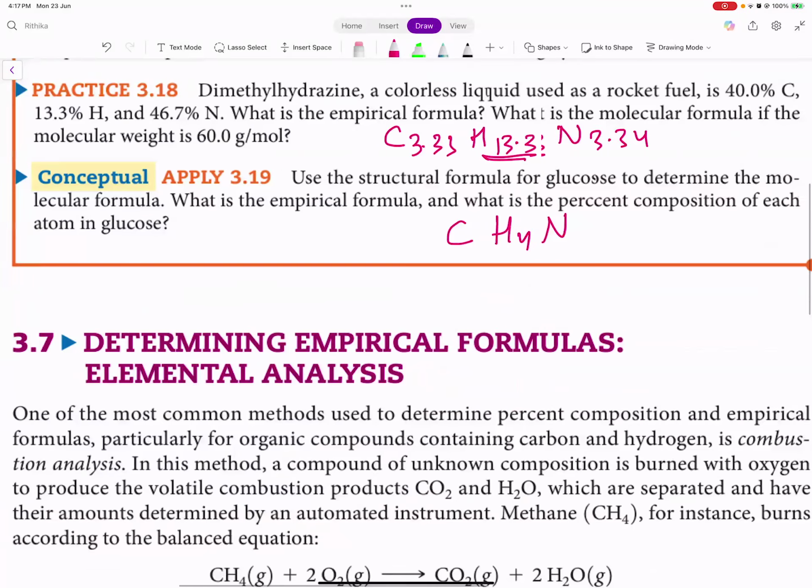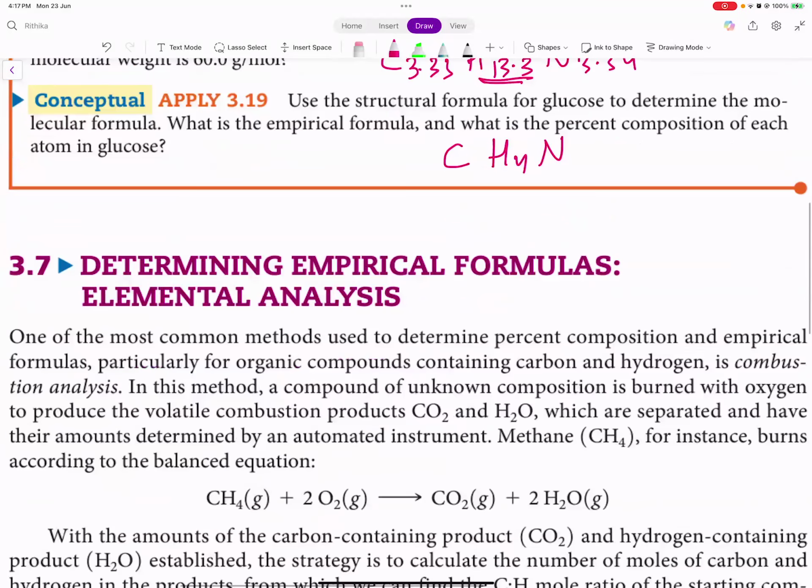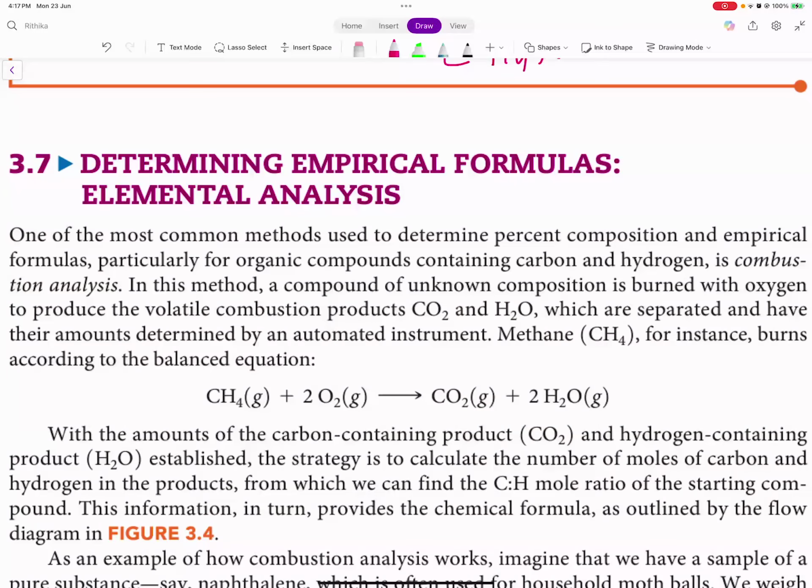See, now we are going to see how to determine empirical formulas. This is called elemental analysis, and we are going to use combustion as a technique. We'll do the same thing, but in this technique, whatever sample we have, we are going to first treat it with excess of oxygen.